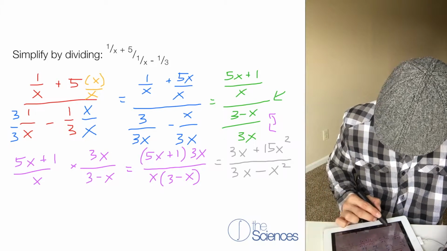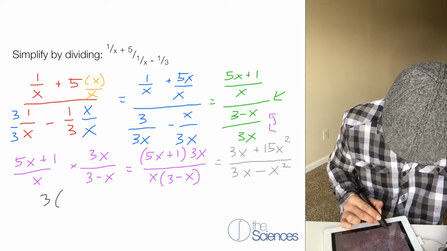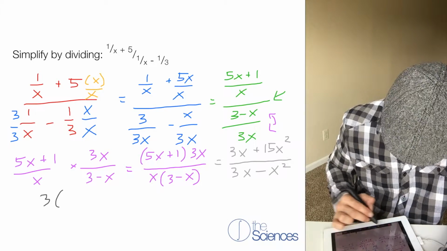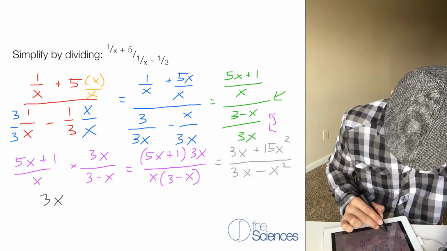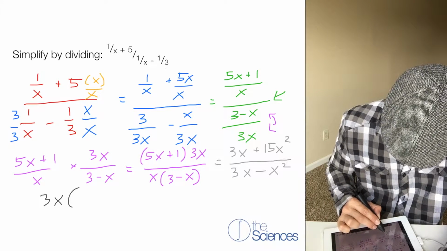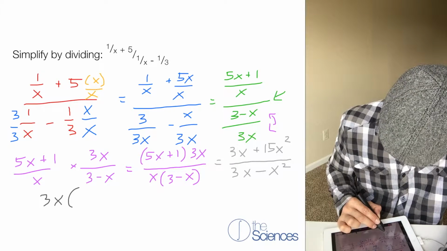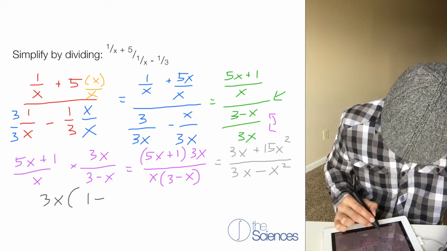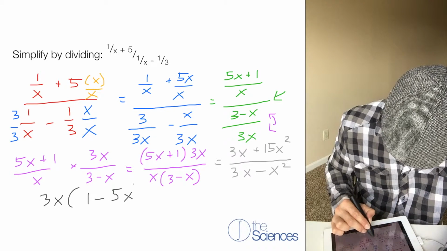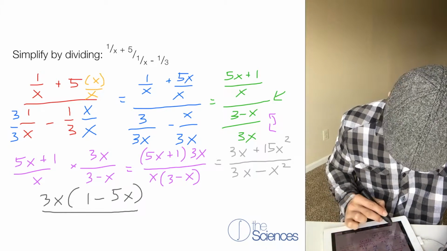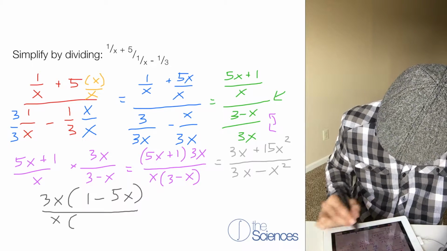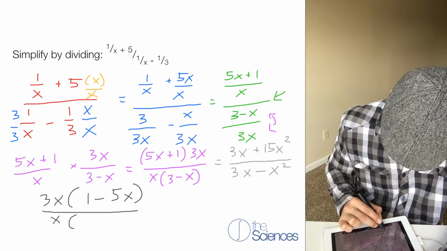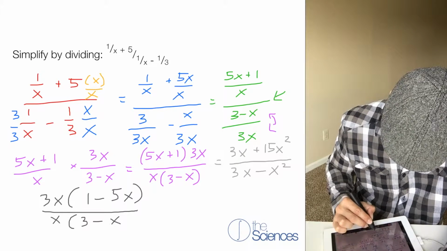Now we can factor out a 3x in the numerator so that we get 1 plus 5x over x times 3 minus x.